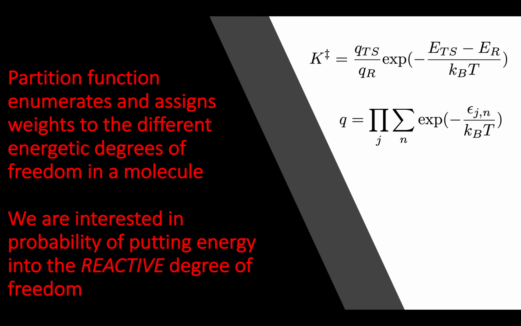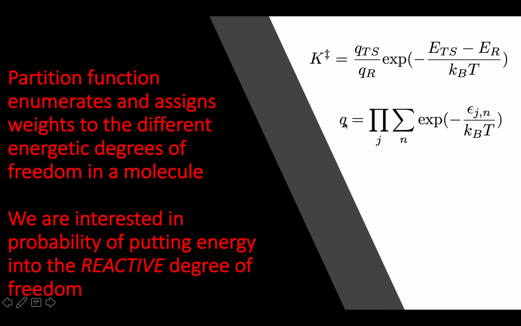And so what can we say about how to calculate the partition function just in general? Well, number one, what we're going to do is make the assumption that the vibrational degrees of freedom of our molecule are the most important.